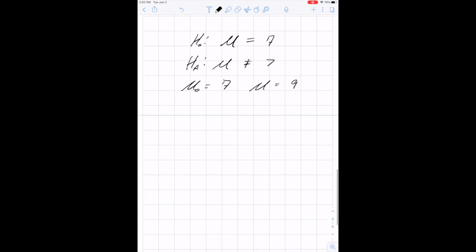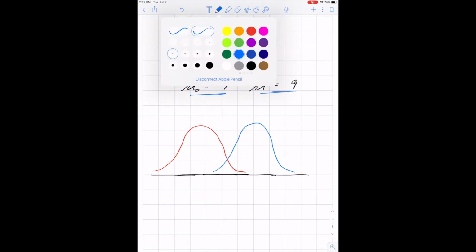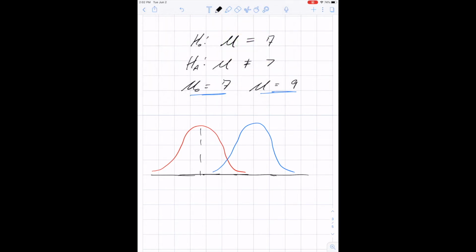Now this is a two-tailed test. So I'll have my null distribution and my true distribution to the right because the truth is greater than the null, right? This is 7. That's mu naught.